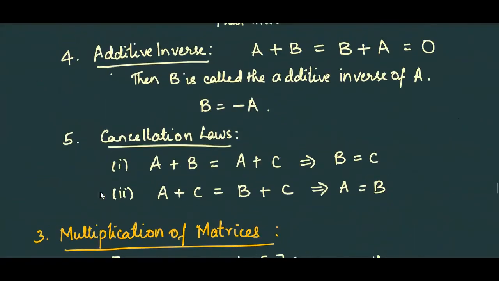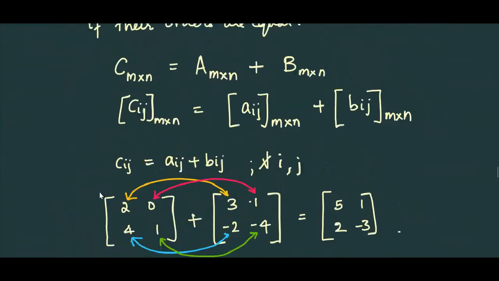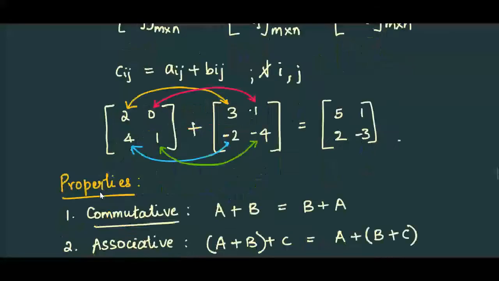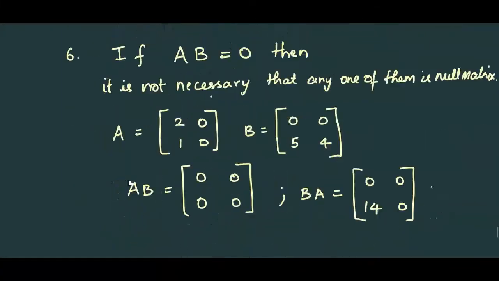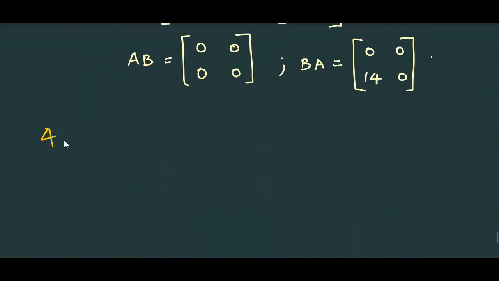So these are properties of multiplication. Equality we have discussed, addition we have discussed. A very important operation on a matrix is transpose. Okay.